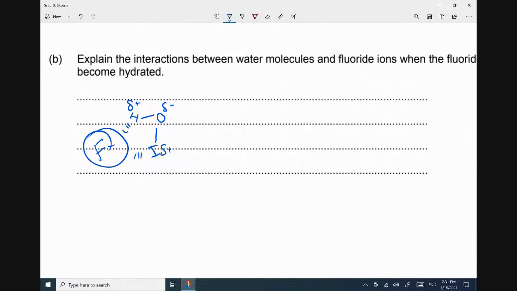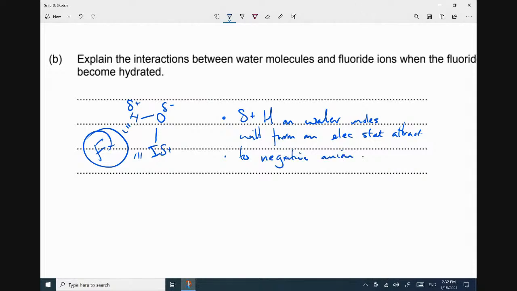In words, the delta positive hydrogen on water molecules will be attracted, will form an electrostatic attraction to the negative anion.